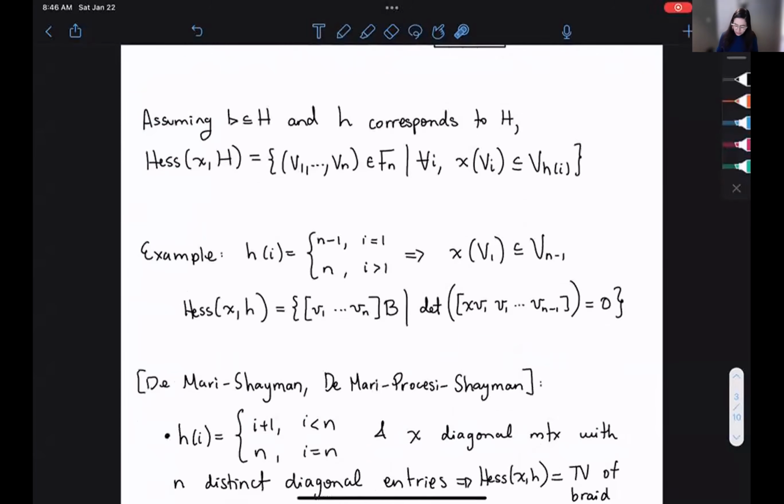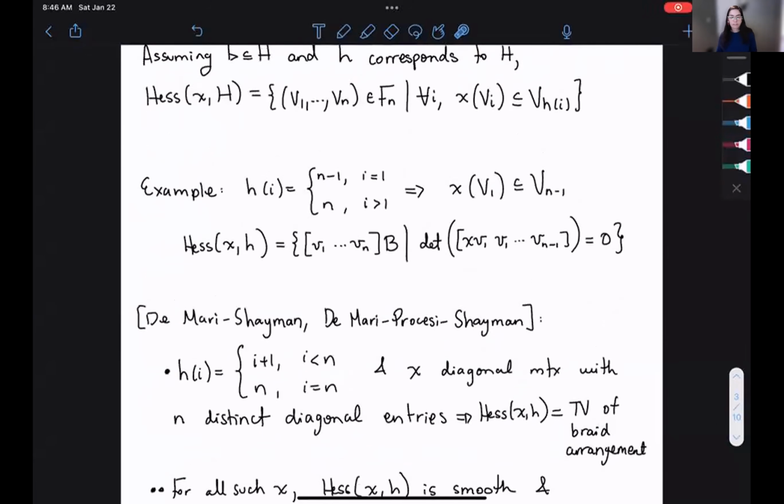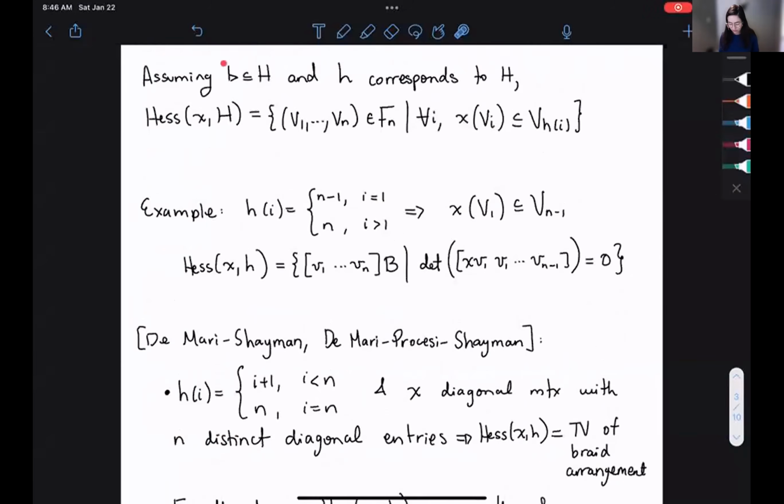Now, originally, these varieties were defined under this assumption that I have here. They were introduced by De Mari and Shayman, and De Mari, Procesi and Shayman. And they discovered some beautiful combinatorial properties for them. They considered this Hessenberg function which, in terms of Dyck paths, is the one that is closest to the diagonal.